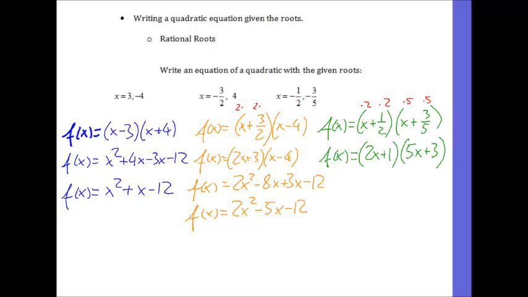Now, where did we start off? Looking at these versions of our equation, we used our solutions to get started here. Our solutions are the same as our x-intercepts. And guess what? Those three versions here that I highlighted, that's intercept form.